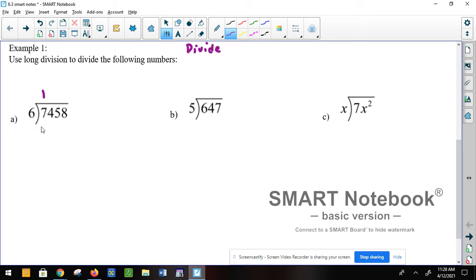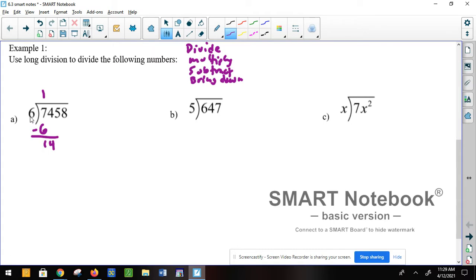Then we do 1 times 6 is 6, and that's multiply. Then we do 7 minus 6 is 1, that's subtract. Then you bring down the 4. Those 4 steps you repeat until you run out of numbers. Those are the exact same 4 steps that we're going to do with polynomial long division in the next example.